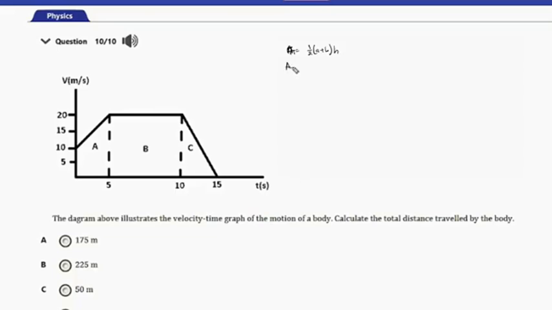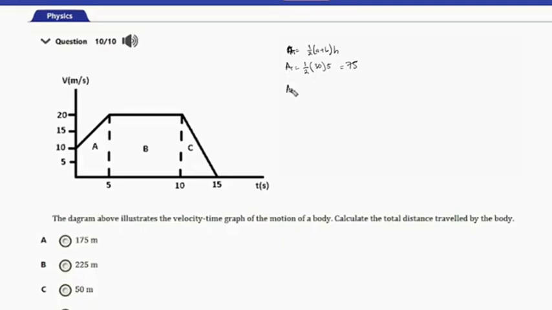So that will be 5. So if we input this into the equation, half into A plus B into H, the area of the trapezium is, A plus B is actually equal to 30. So half of 30 is 15, and 15 times 5 is 75.